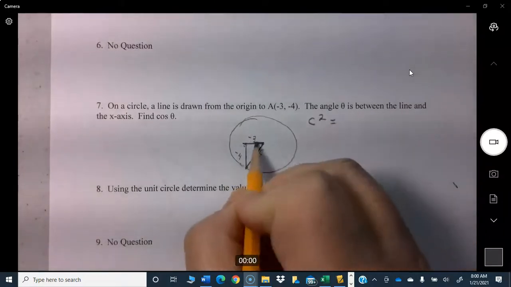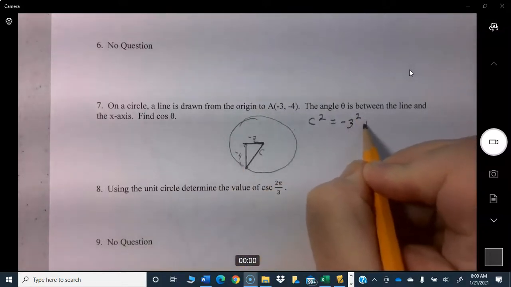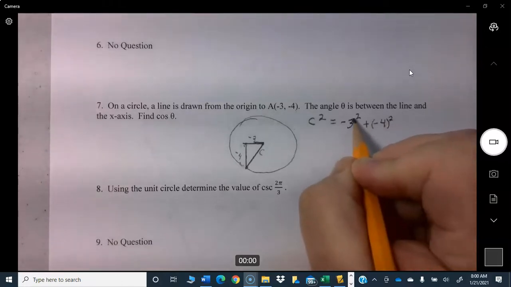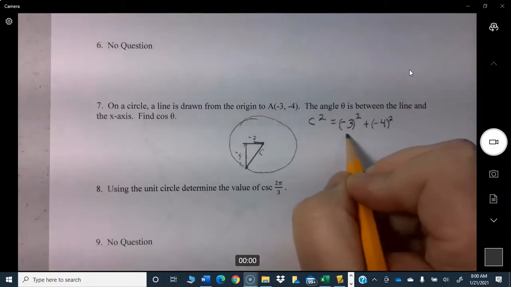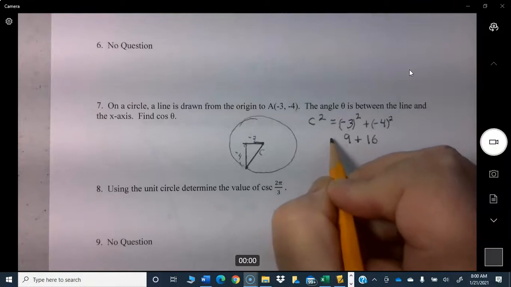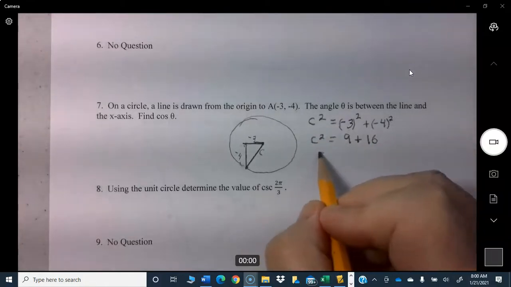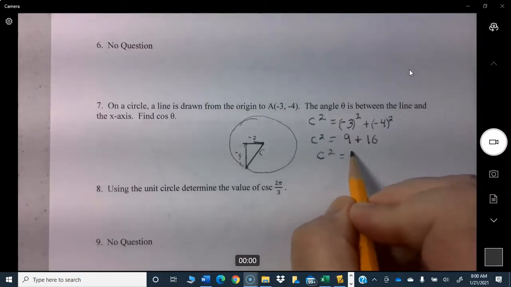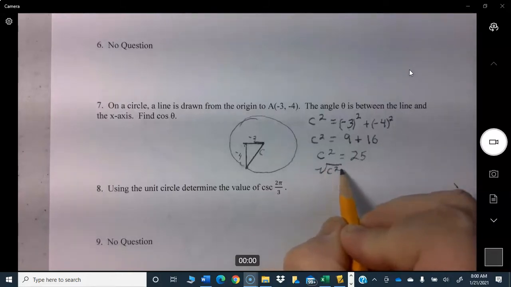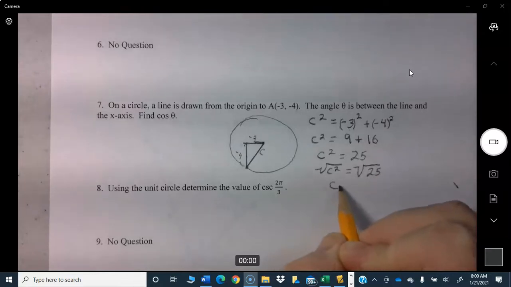So c squared equals a squared plus b squared. -3 squared is +9. -4 squared is +16. c squared therefore equals 25. Take the square root of both sides, you get c equals 5.